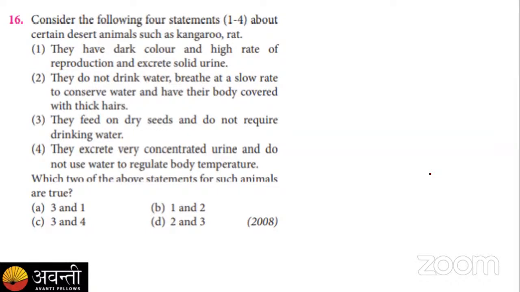Okay. So we know about the kangaroos that they do not drink water. Instead, they go for the beta oxidation of the fats, right? They go for the beta oxidation of the fat in the Golgi body for the production of water in their body itself. So option 3 is correct.